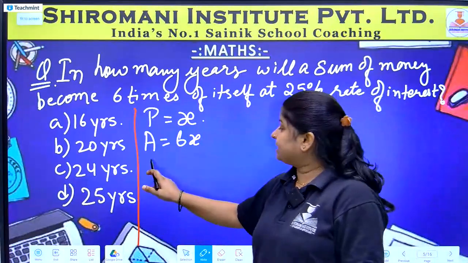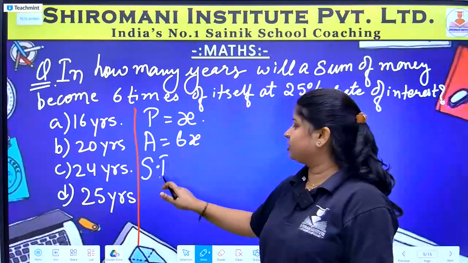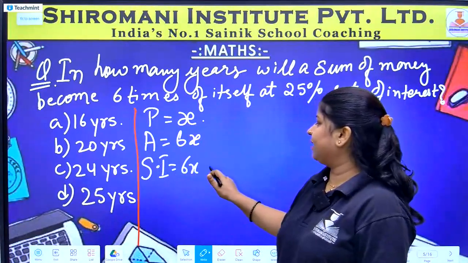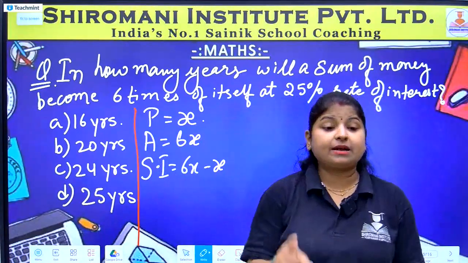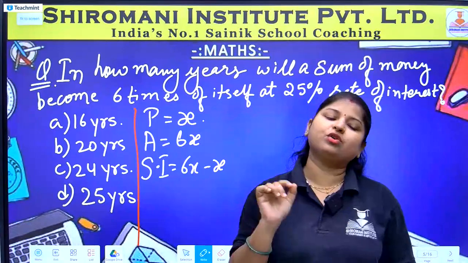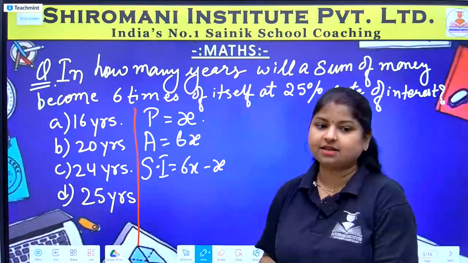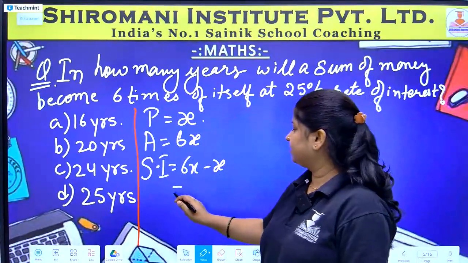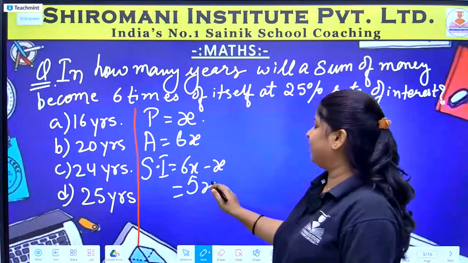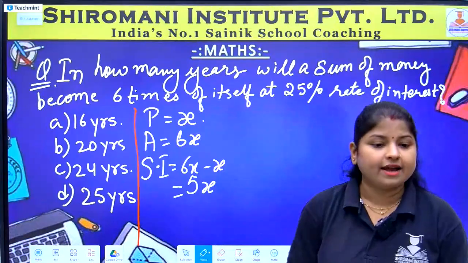So my simple interest will be how much? 6X minus X. We don't write 1X, we simply write X. 6 minus 1 is 5. So, 5X is the simple interest.